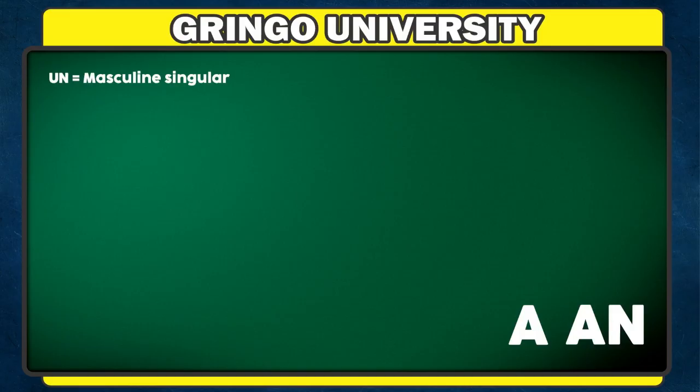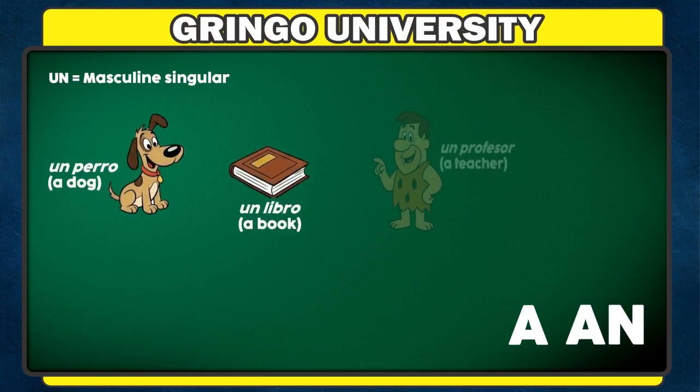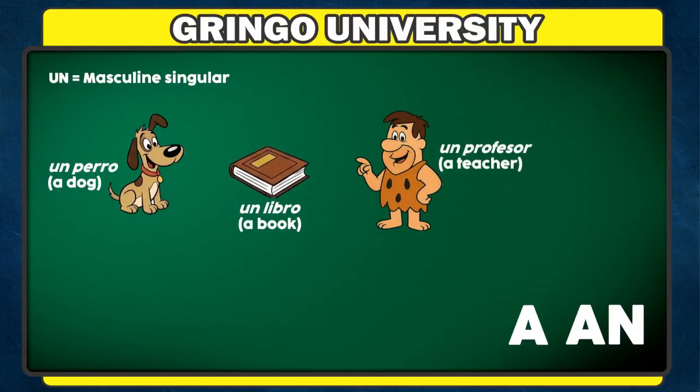Okay, so first, un, it's for masculine singular nouns. For example, un perro, a dog, un libro, a book, un profesor, a teacher. In English, you use a, an, depending on vowels or consonants. Spanish doesn't care about that. Forget a and an.